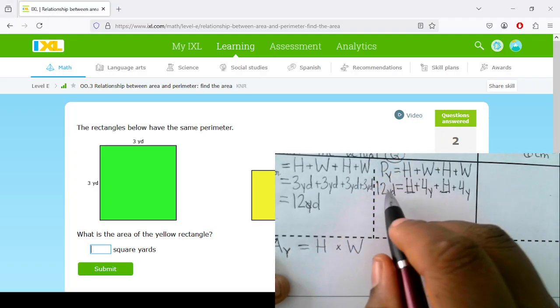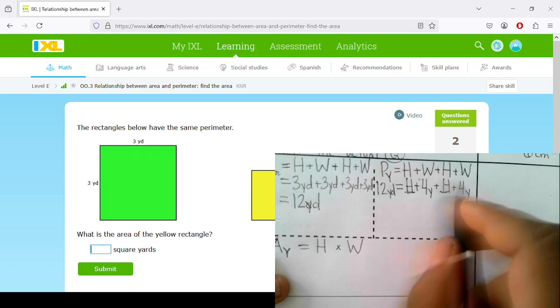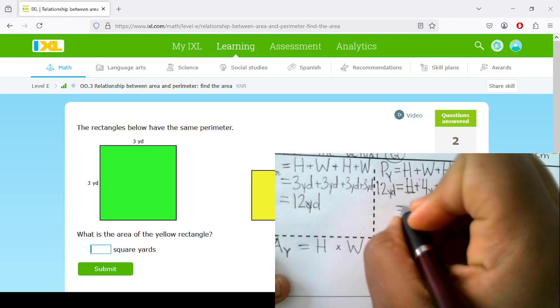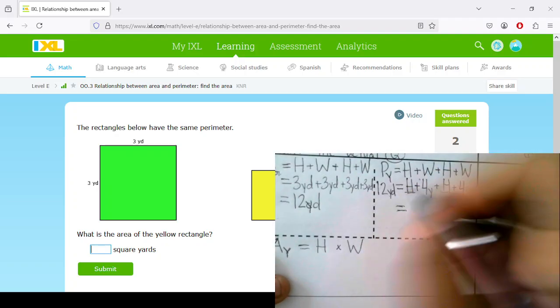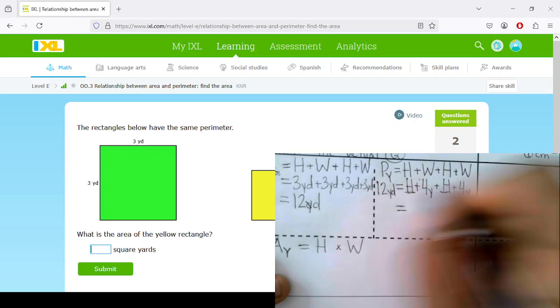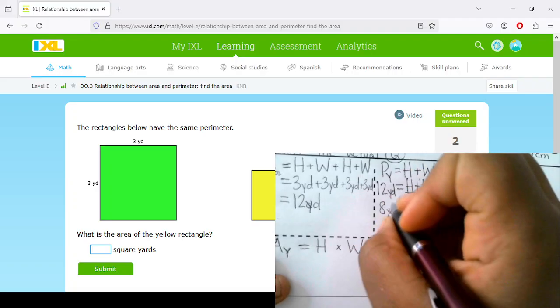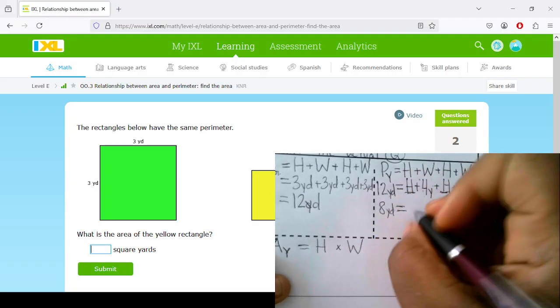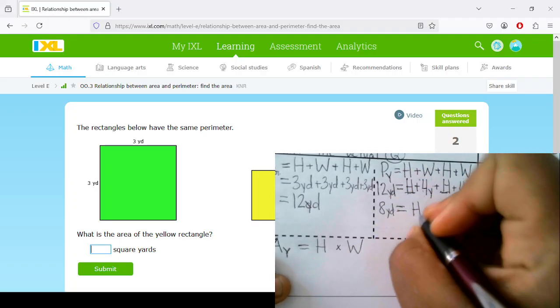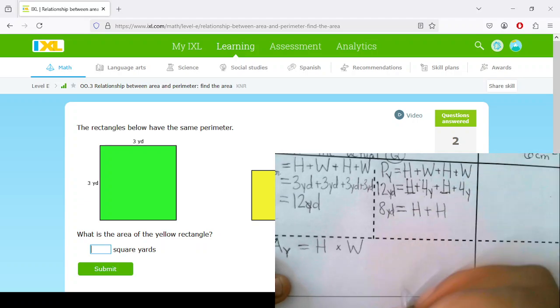So if I do 12 yards minus 4 minus 4, let's say I make a mistake in my mental math, and I say that, okay, 12 minus 4, that's going to be 8 yards. So let's say there we go, I'm going to plant my mistake. 8 yards is equal to height plus height.